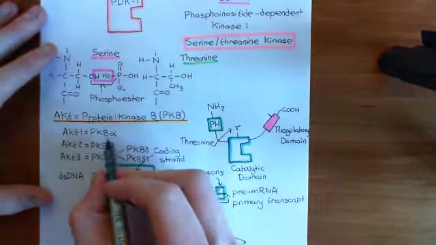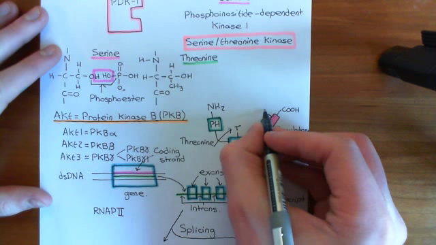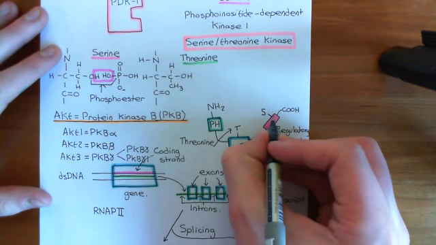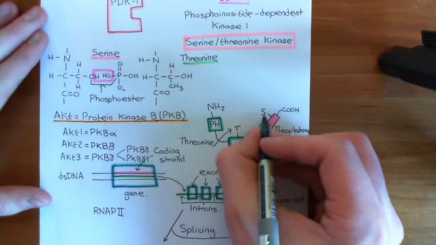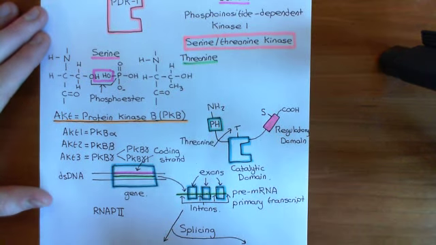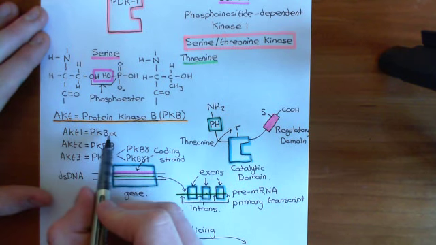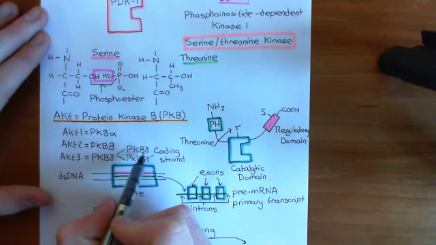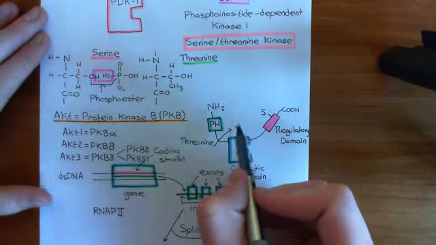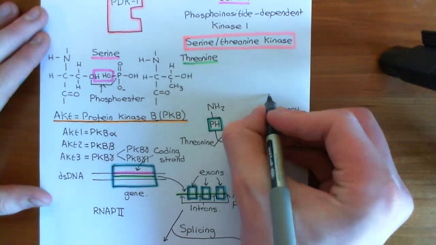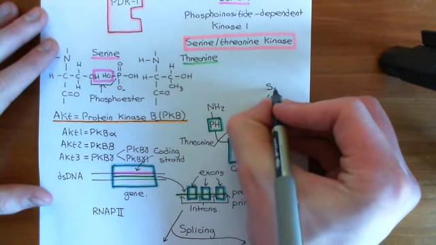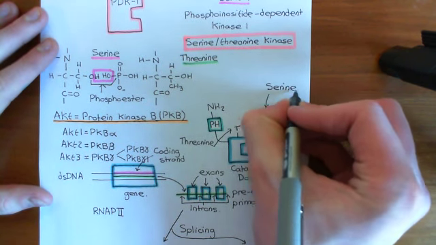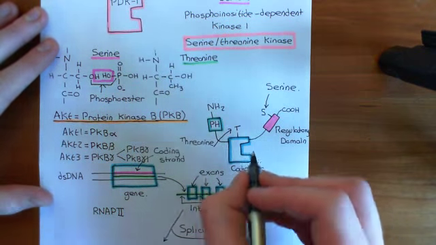Also, in most of the protein kinase B enzymes, you also have a serine residue within the regulatory domain, which also needs to be phosphorylated in order for the protein kinase B enzyme to be activated. So, in protein kinase B alpha, protein kinase B beta, and the full-length protein kinase B gamma, you have both a threonine residue and a serine residue, which have to be phosphorylated in order for the protein kinase B enzyme to be activated.